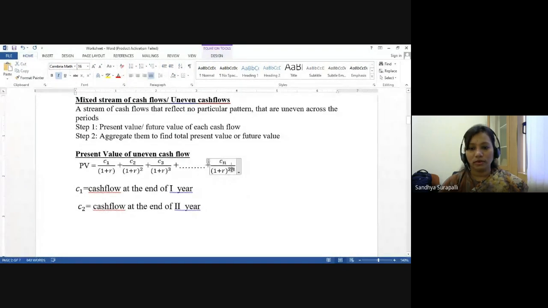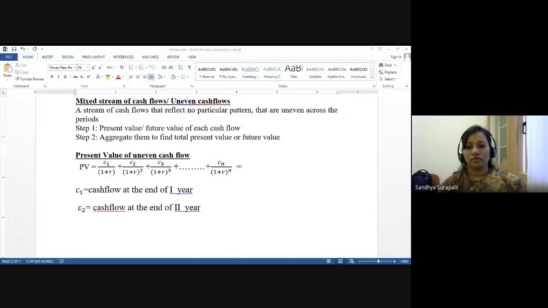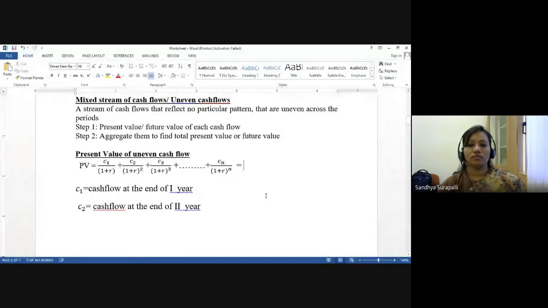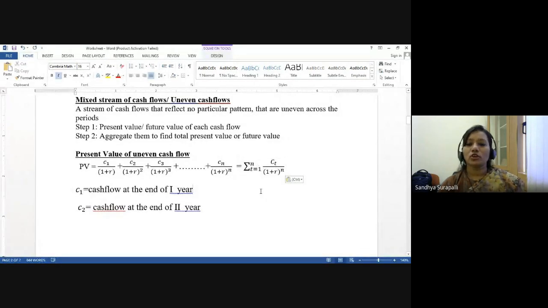It is not 2n, it is simply n. So the factor is 1 plus r to the power n, and you divide the cash flow by this factor. Then you add all of these. The summation of all these present value cash flows is how we represent it.